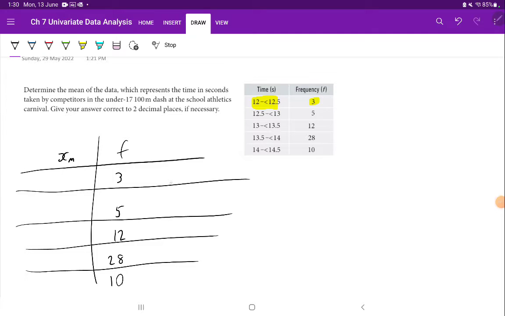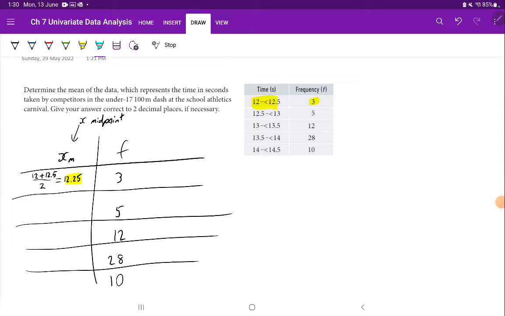To work out the midpoint, that's just standing for X midpoint, I just need to go halfway between 12 and 12.5. So 12 plus 12.5 divided by 2 is 12.25. Now I take the next range.